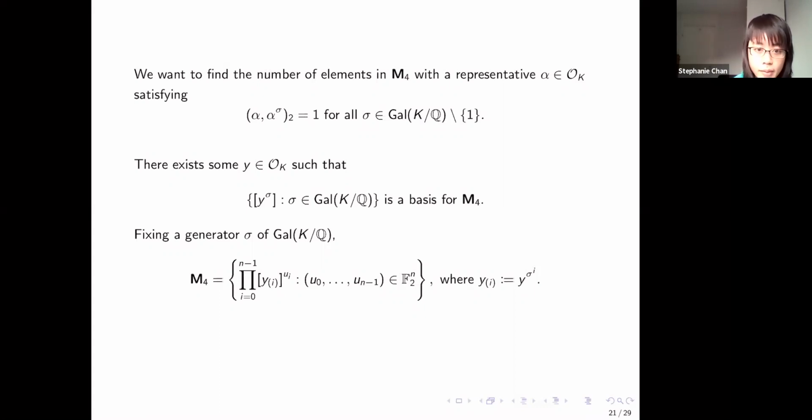So any element of M4 can be written as a product of y sub i, where I'm writing y sub i as y sigma to the i, where sigma is now a fixed generator of the Galois group. Okay, so with this basis, we can write down any element in M4 in terms of these y i's.